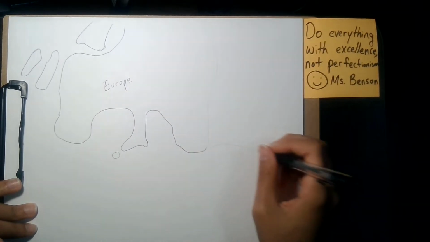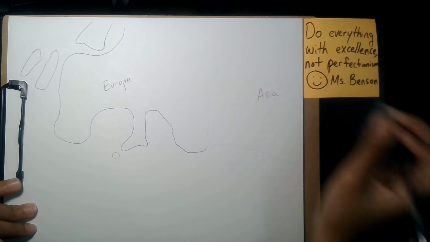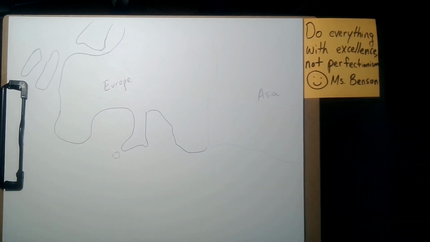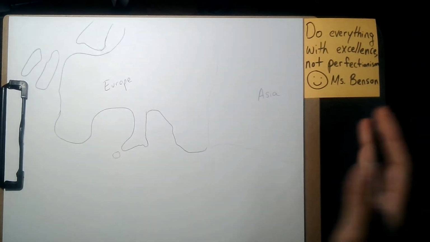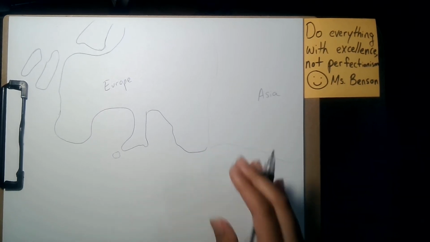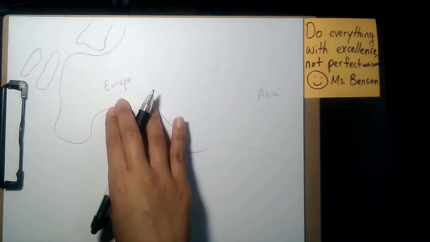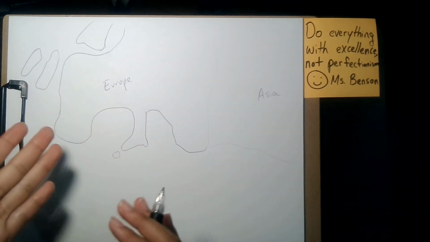And over here is Asia. So traders would go from Asia for their wonderful spices, their silk, and other things, and they wanted to get this into Europe. Likewise, people in Europe wanted those things. They wanted everything.